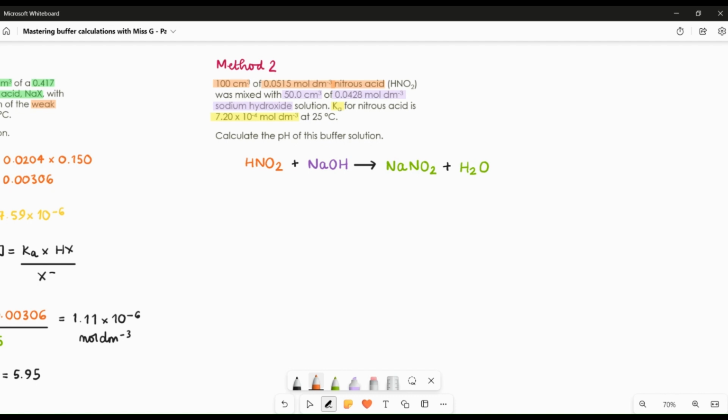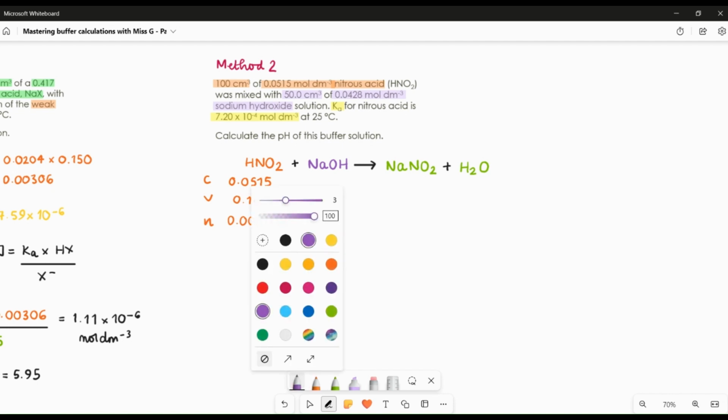So then I'm going to work out the moles of the HNO2 by using the volume and the concentration. So the concentration of 0.0515 and the volume in decimetres cubed of 0.1 will give me moles of my weak acid of 0.00515, because I've done concentration times volume.